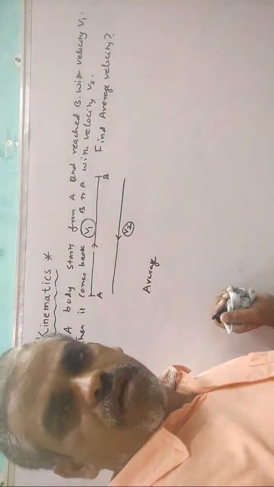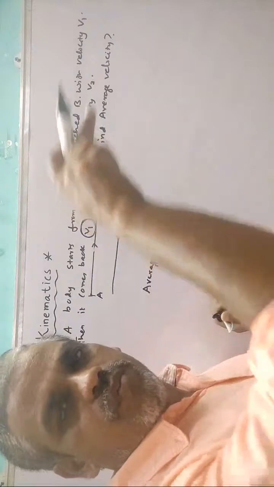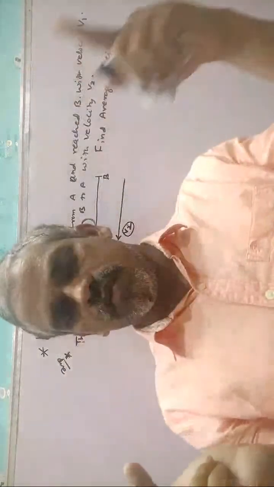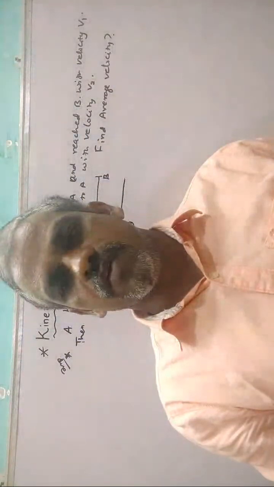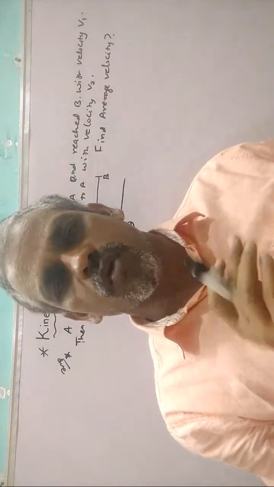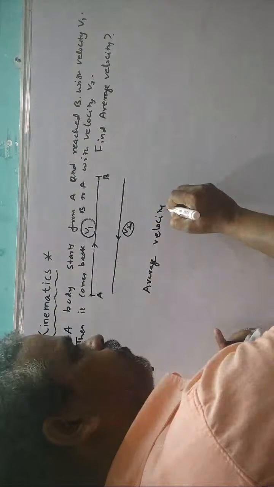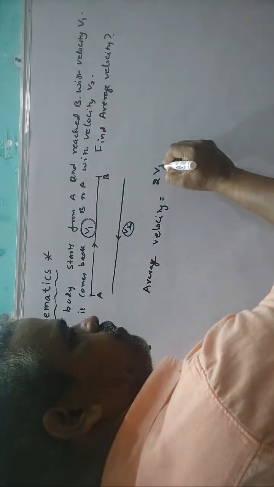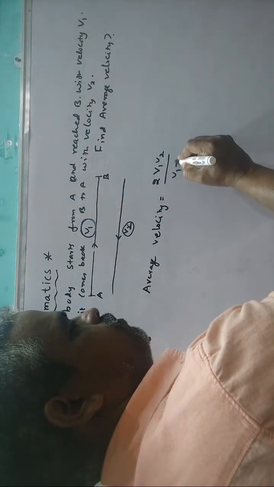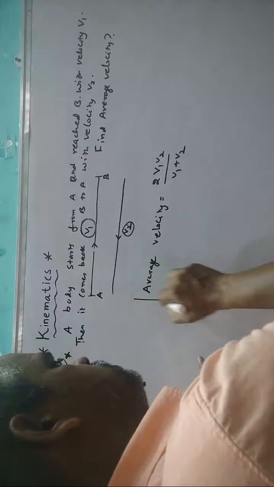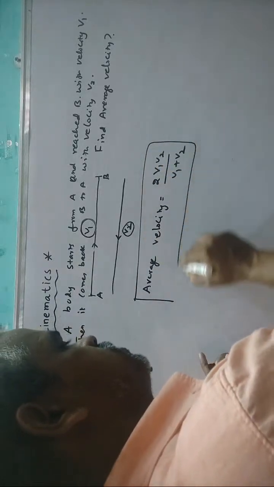Then the average velocity of that particle or body is 2v1v2 by v1 plus v2. This is the average velocity for this case.